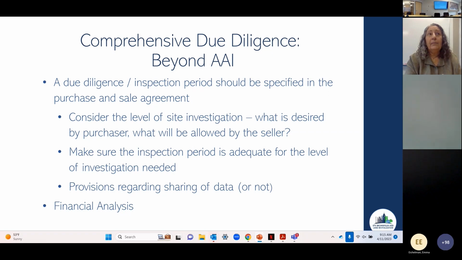So there has to be an agreement between buyer and seller about what's going to be allowed. Sometimes sellers will say, you can come collect the data, but I don't want to know about it. It's a don't ask, don't tell. They don't want to become informed if you confirm that their property is contaminated. And they often will want to control communications with regulatory agencies during the due diligence period.